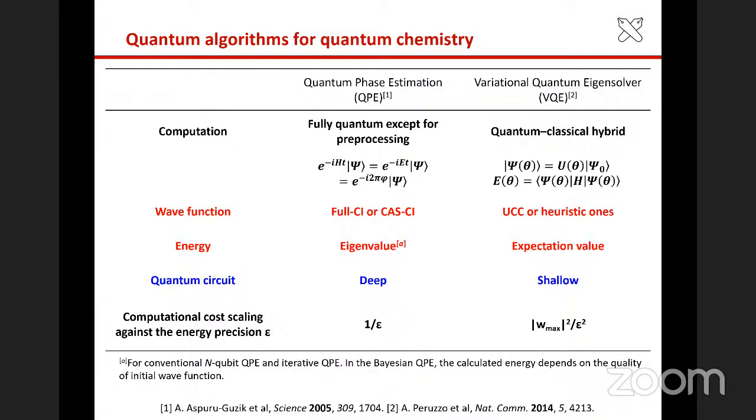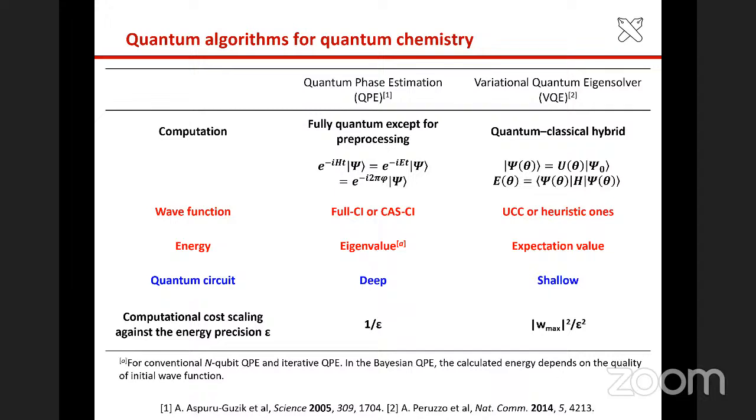The idea, I will explain in the next slide, is that we perform the time evolution of the wave function under the Hamiltonian to extract the eigenenergy E as a phase in the wave function. With this approach, we can obtain the full CI wave function, and we can obtain the eigenenergy. But the quantum circuit is usually very deep because we have to simulate the time evolution under the Hamiltonian, which causes many gates.